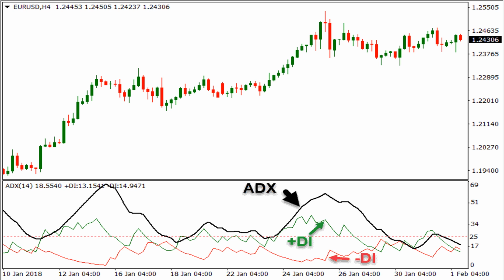When it's sloping upwards, it's a sign that the downtrend is getting stronger. When it's sloping downwards, it's a sign that the downtrend is getting weaker. The ADX reading is an average of the absolute difference between these two values, which you can see on the charts. And it only shows the strength of the trend and not its direction. That's very important. So I'll repeat it. It shows the strength of the trend and not the direction.